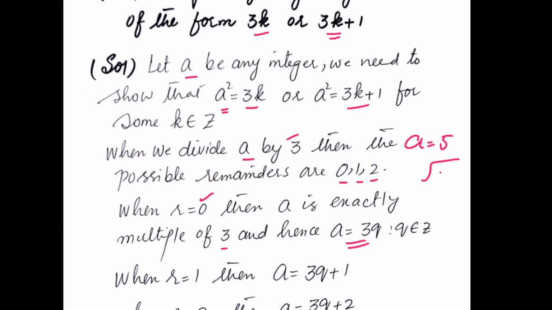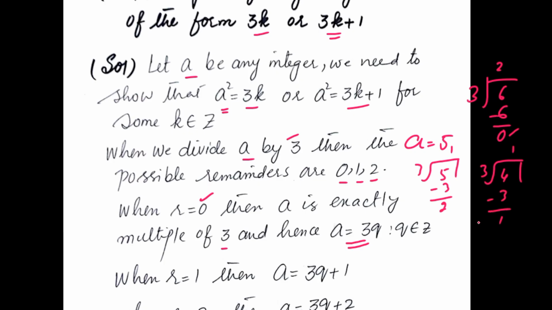When you divide 5 by 3, the remainder is 2. Suppose my a is 6. When you divide 6 by 3, I have remainder 0. Similarly, if a is 4 and we divide 4 by 3, we have remainder 1. So the possible remainders are 0, 1, 2.